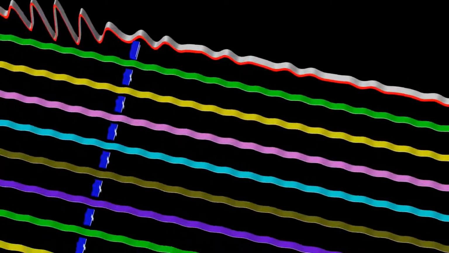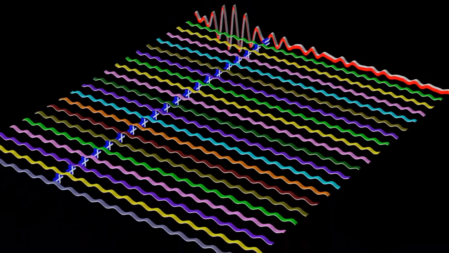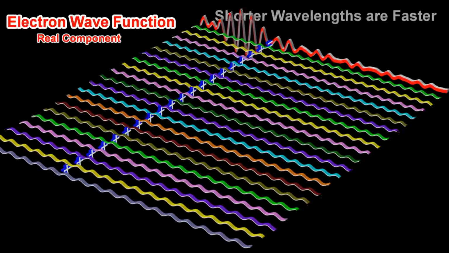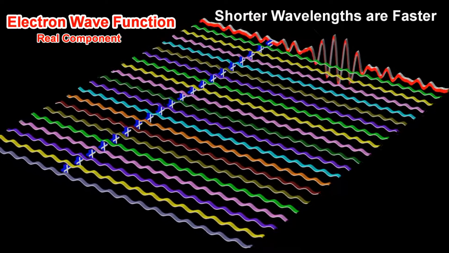Any wave function can be thought of as the sum of waves of many different wavelengths. For a quantum particle with mass, such as an electron, the waves with a shorter wavelength have a faster phase velocity.